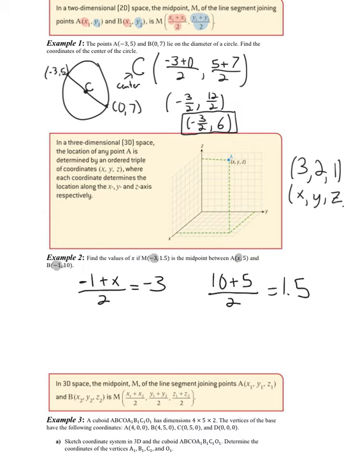So to solve for x, what we're going to want to do is multiply both sides by 2. And that's going to get us -1 plus x equals -6. And then from there we would add 1 to both sides, and we're going to get x equals -5.